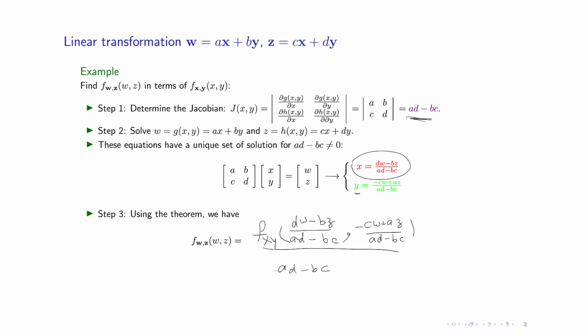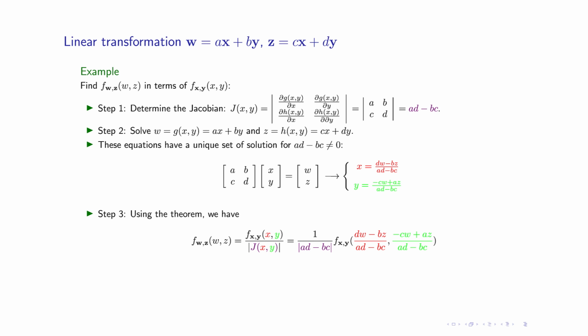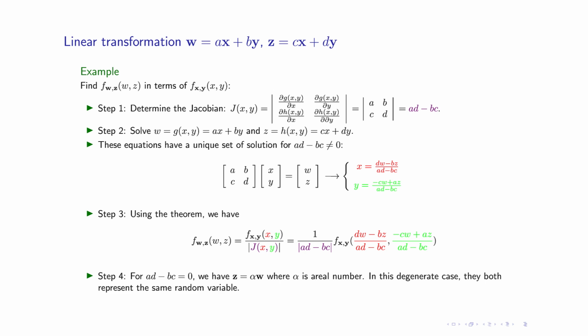So this is the final expression. The joint PDF of the output is expressed in terms of the joint PDF of the input and the coefficients of the linear transformation.